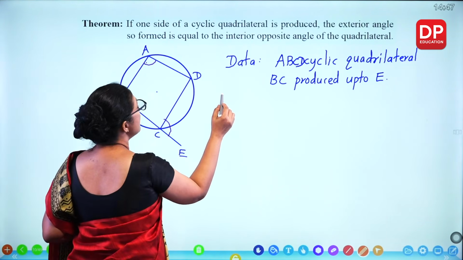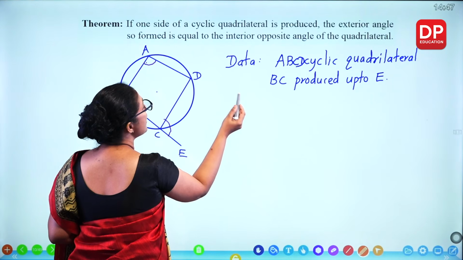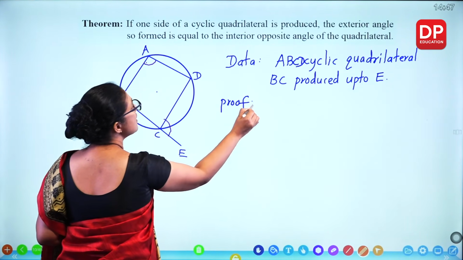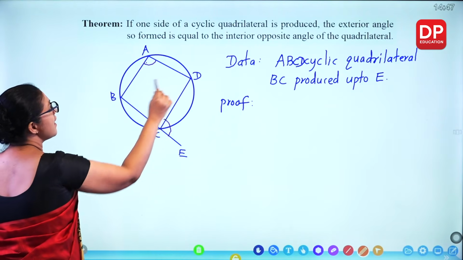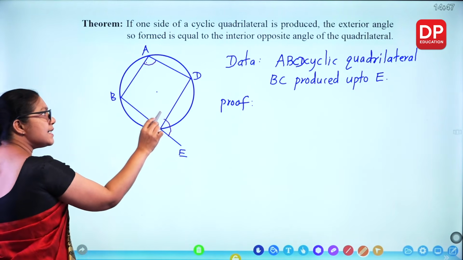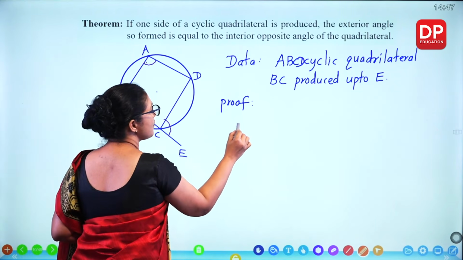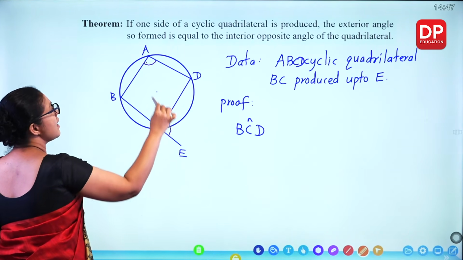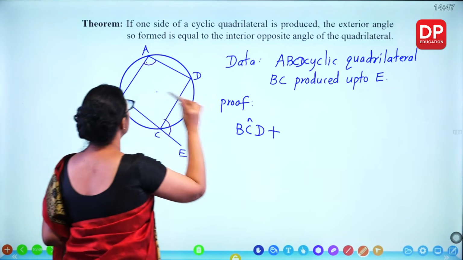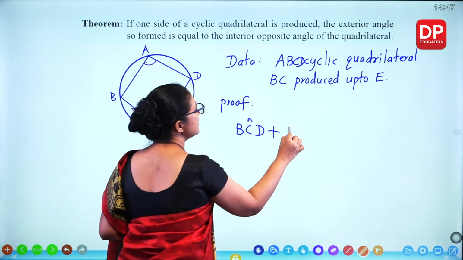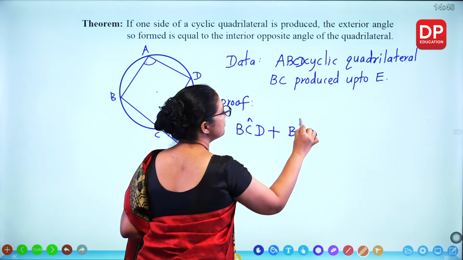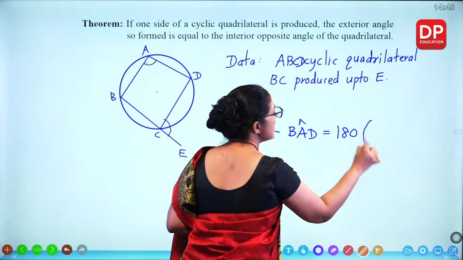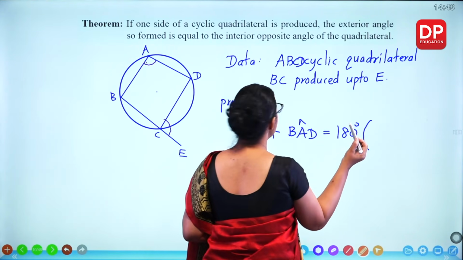What can you say about the proof? For the proof, we take angle BCD plus angle BAD is equal to 180 according to the theorem.